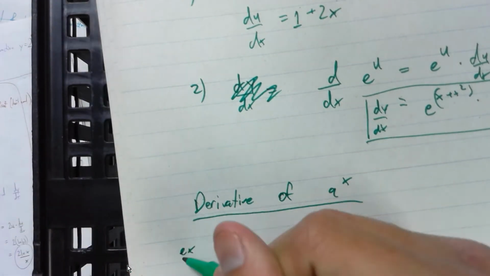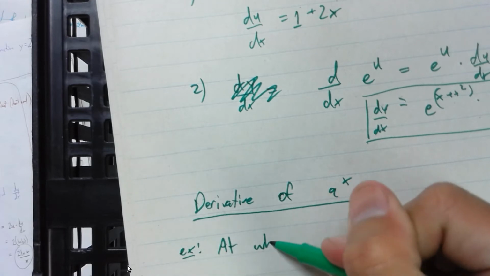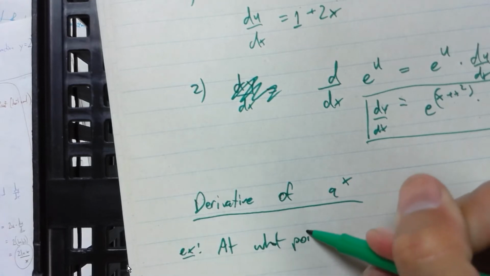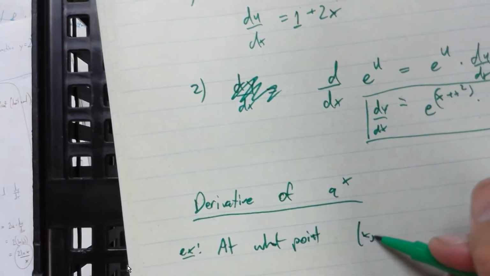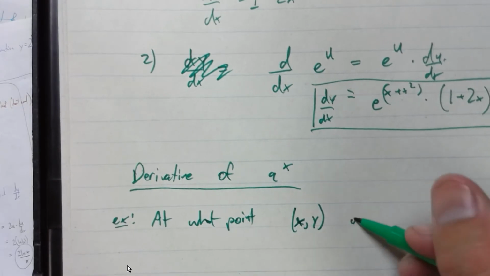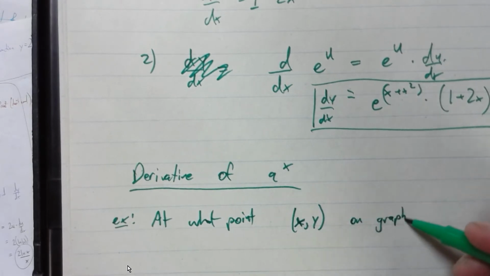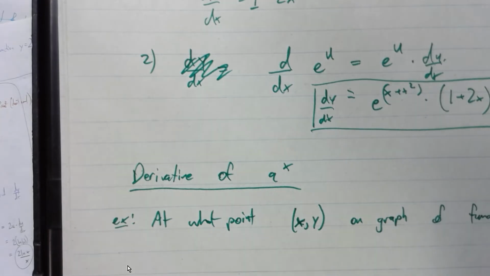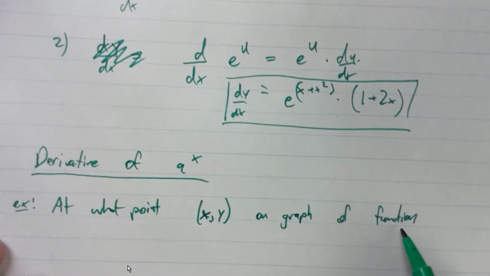The example asks, at what point (x, y) on the graph of the function, sorry, that does say function. It looks really weird, but that's just function.